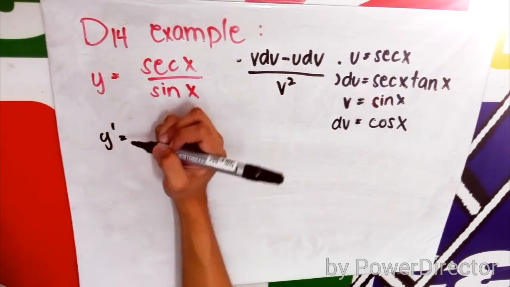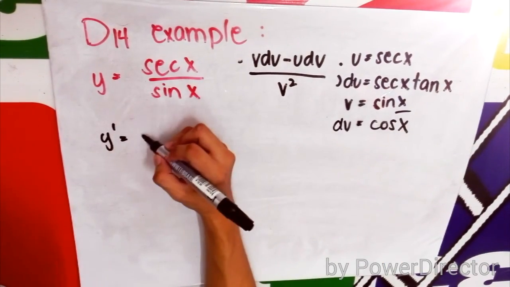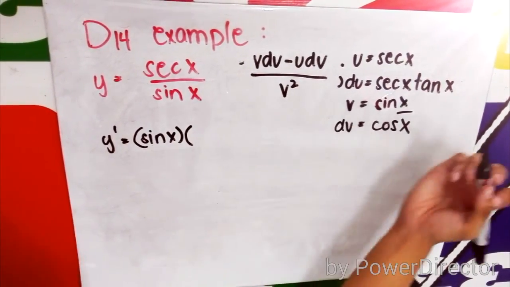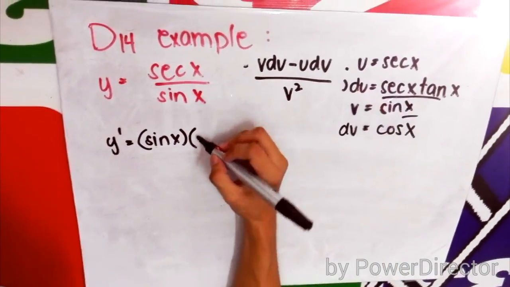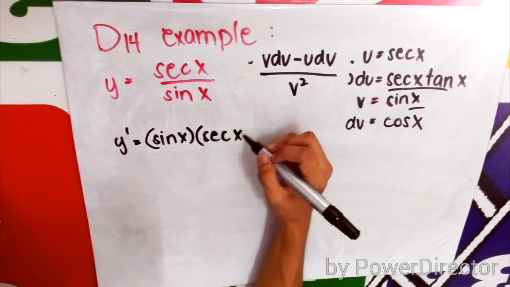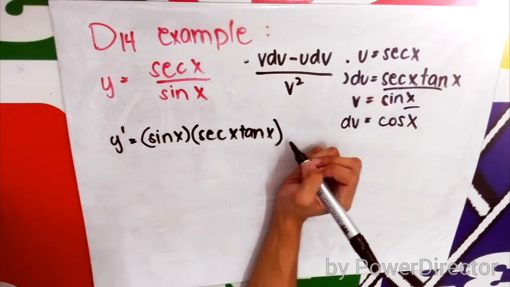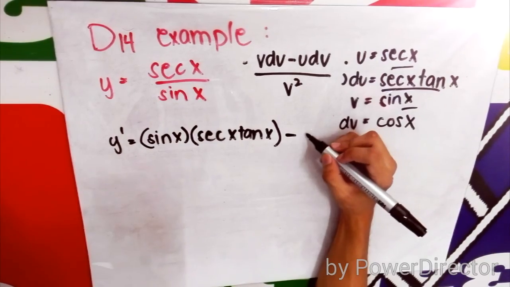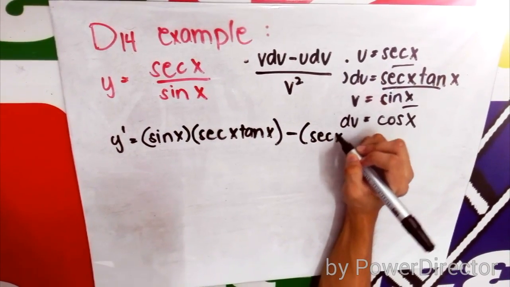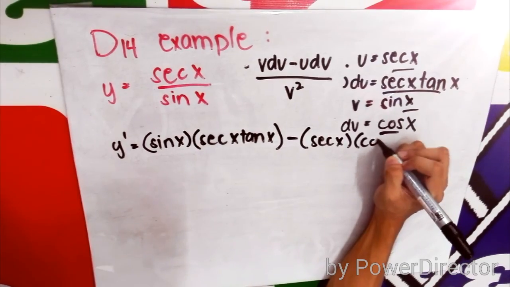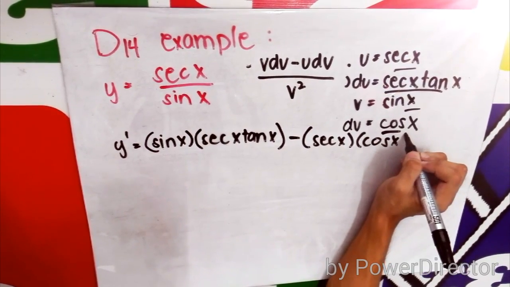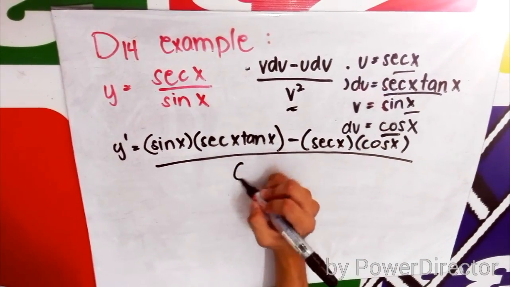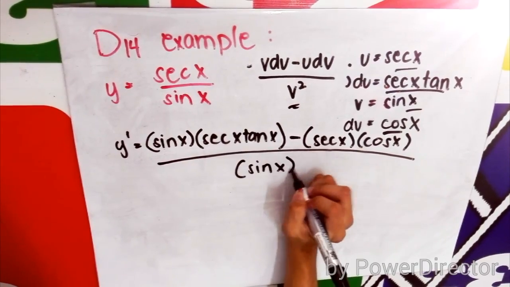The derivative of y is equal to sine x multiplied by secant x tan x, minus u dv, which is secant x multiplied by cos x, over v squared, which is sine x squared.